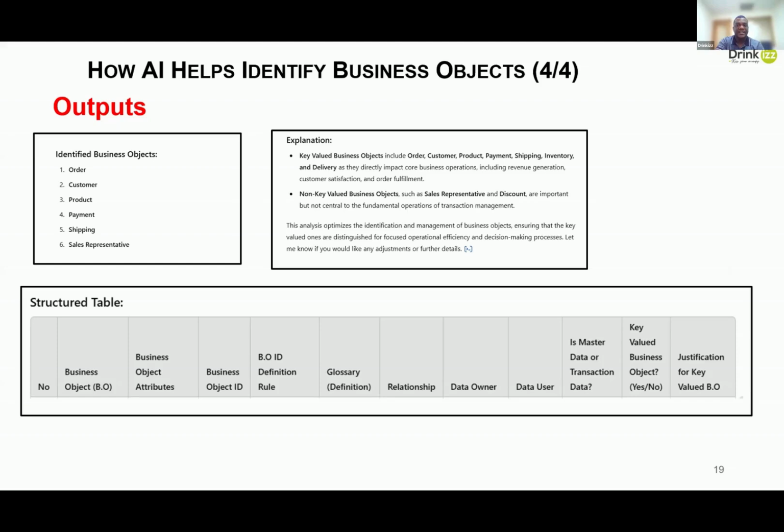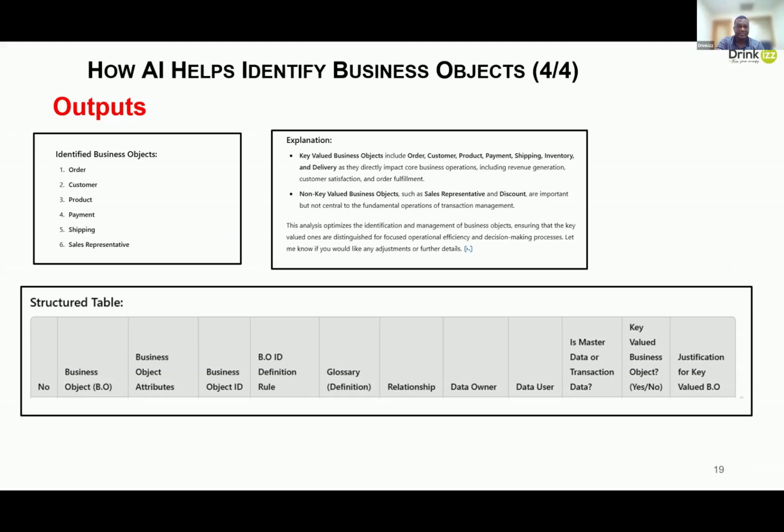These are the key valued business objects that drive core business operations. As mentioned in the prompt, the result is formatted in a structured table. Remember that in our prompt, we asked the AI to structure the result in a table.